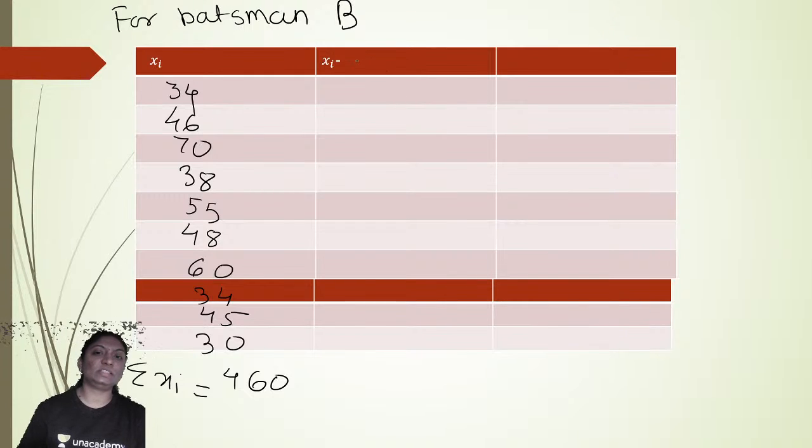Of xi minus x bar we require, right. Now x bar क्या आएगा यहाँ पे? x bar is equal to summation of xi upon n.